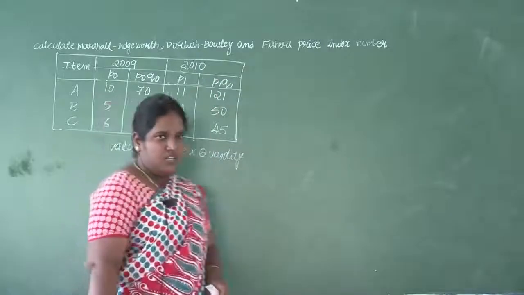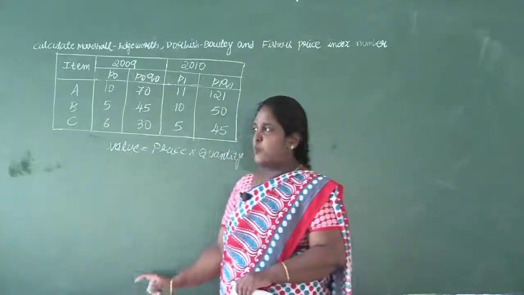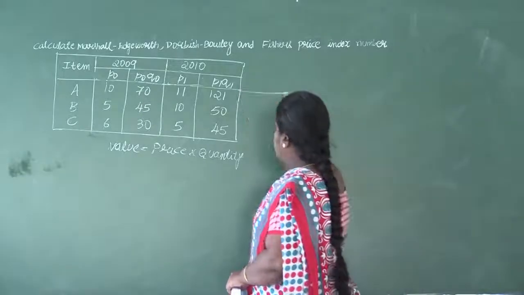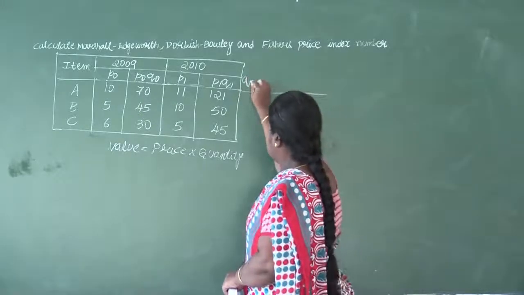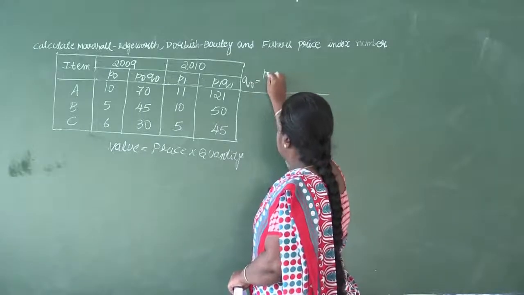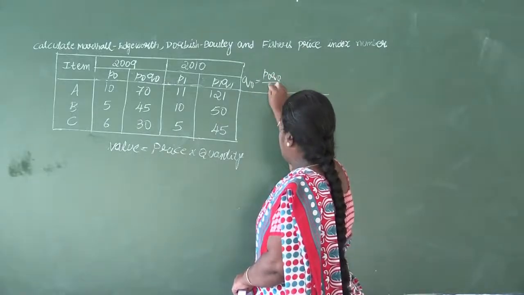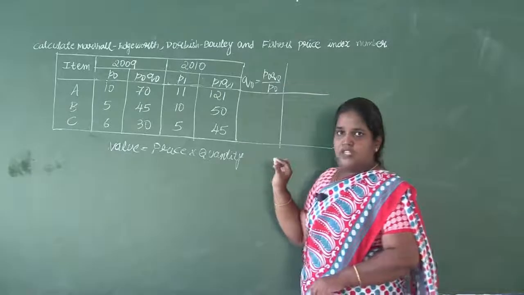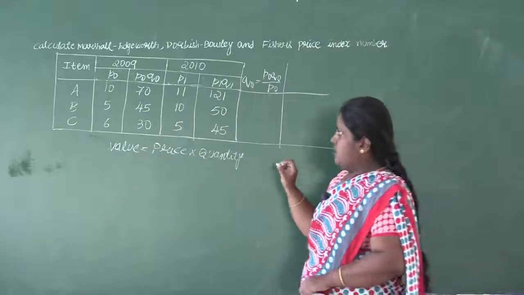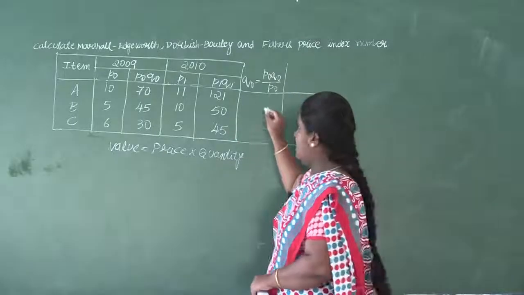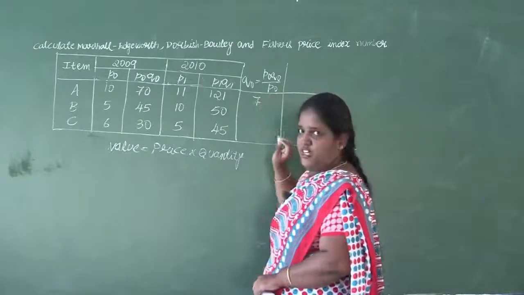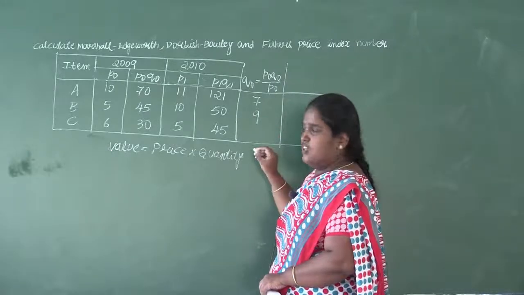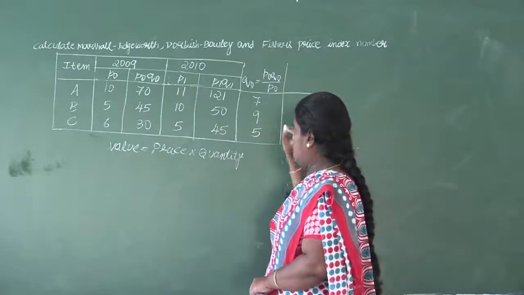As we have done in the previous problem, first we found out quantity, then we multiplied it. Similarly, you have to do it here also. For first Q0, P0 Q0 divided by P0, that is the value divided by the price of 2009. So 70 divided by 10, it is 7. 45 divided by 5, 9. 30 divided by 6, 5.